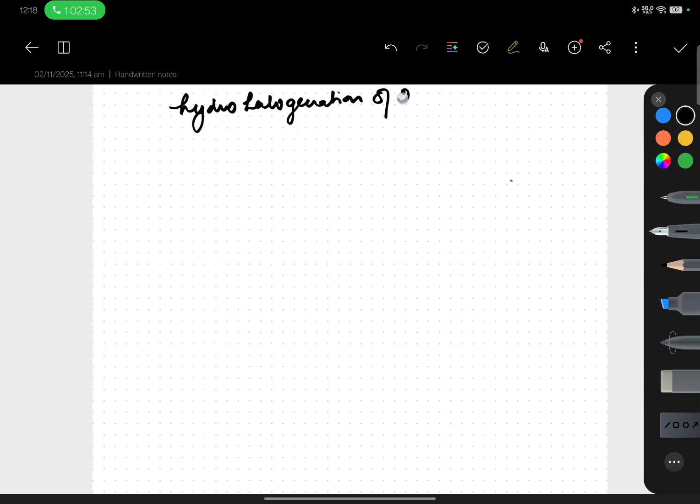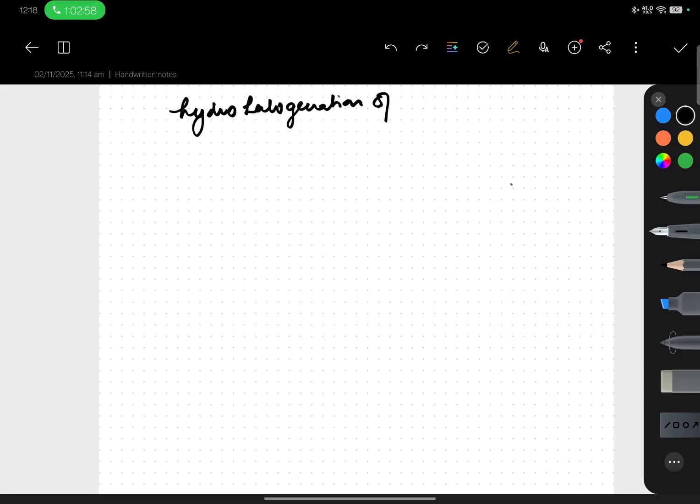Hydrohalogenation of 3-methylbut-1-ene. What is it called? 3-methylbut-1-ene. How do you write the name? How do you write the structure? 4 carbons, double bond here, and on the third carbon there is a methyl.